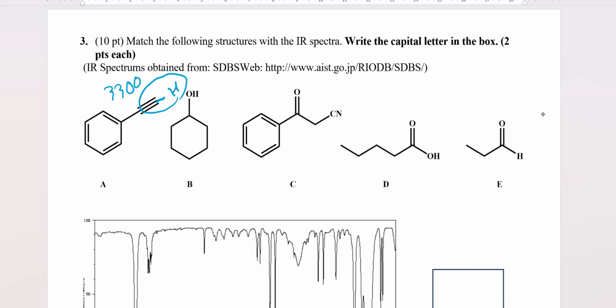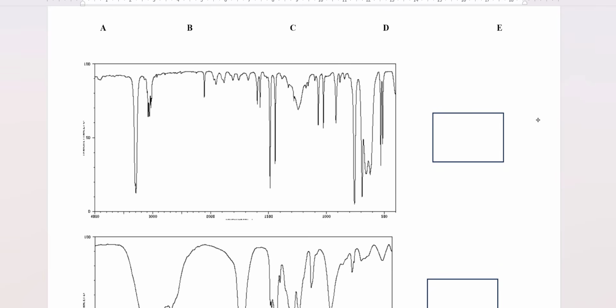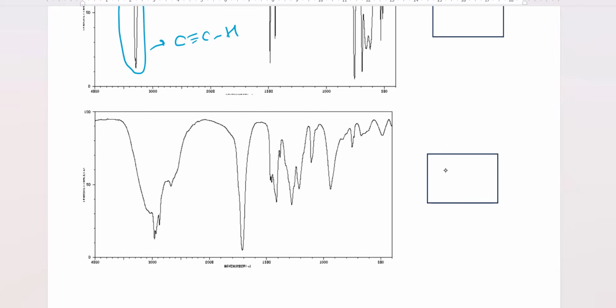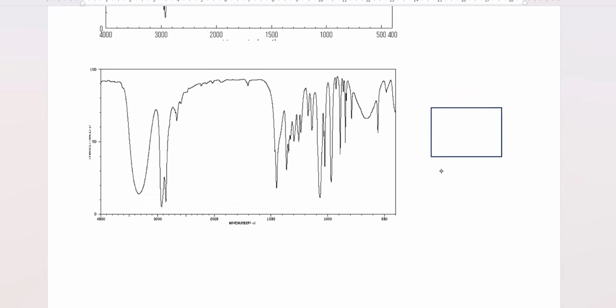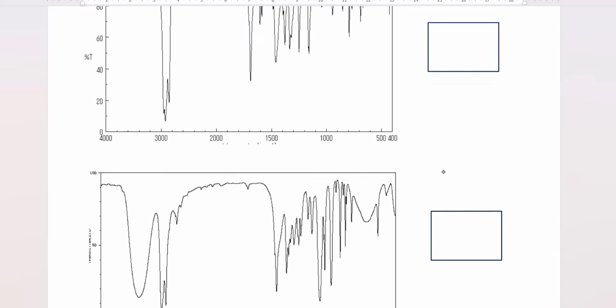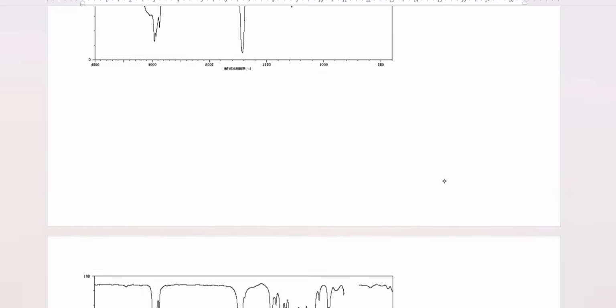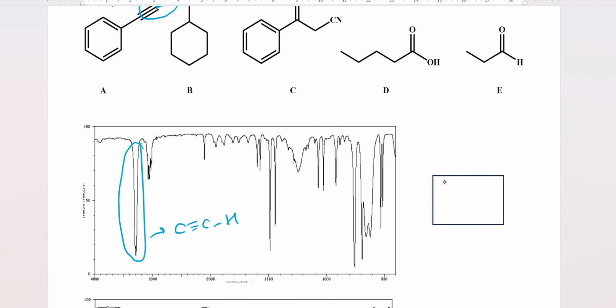This is the peak for the terminal alkyne at 3300. Just to make sure we don't have these peaks for the other compounds, we can check them and we don't see anything around 3300. So the first spectrum belongs to compound A.